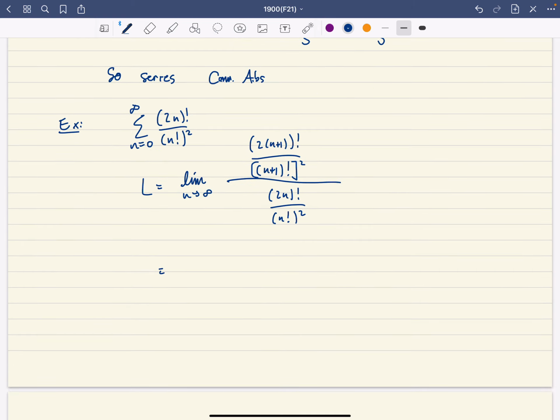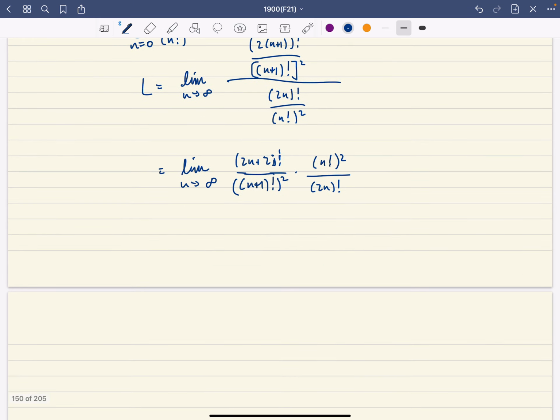Dividing by a fraction is the same as multiplying by the reciprocal. Once we write out a few examples of evaluating this limit, it's going to become pretty natural just to do that. But this is (2n+2)! over ((n+1)!)^2 times (n!)^2 all over (2n)!.